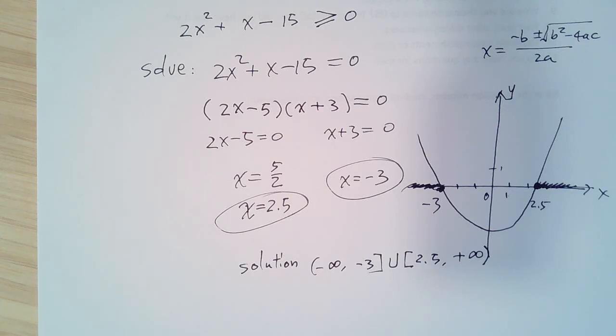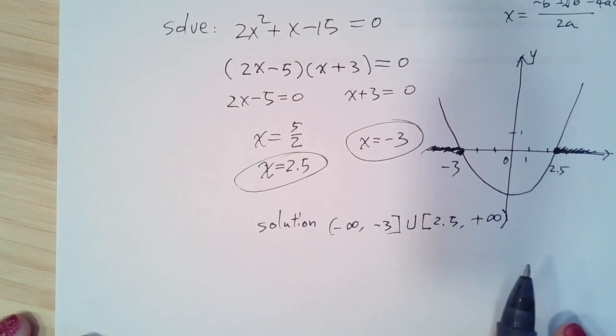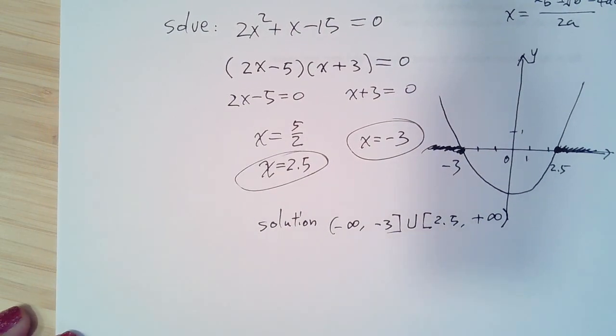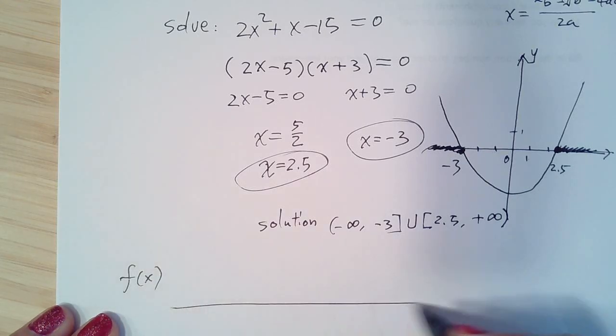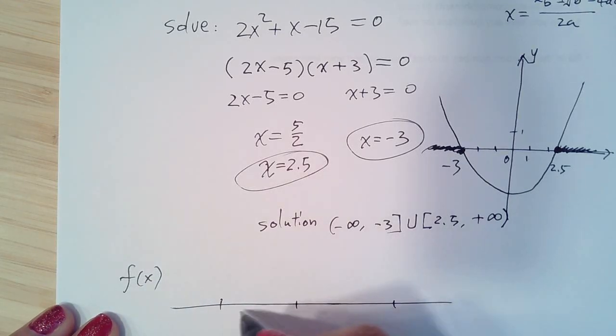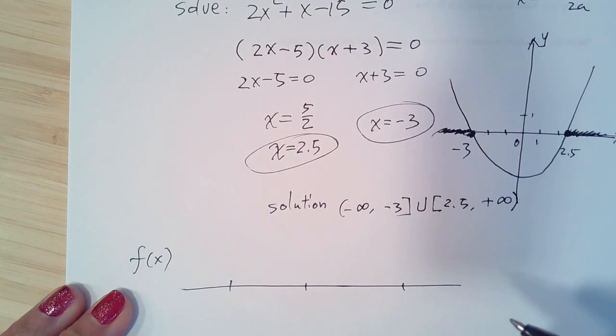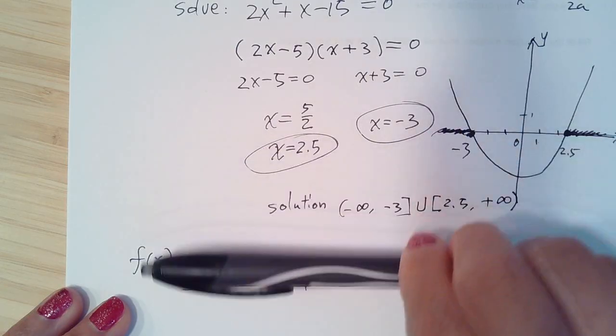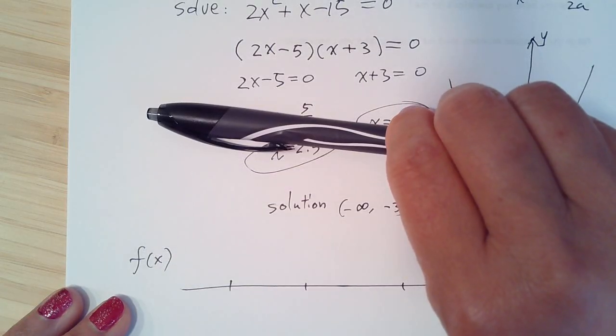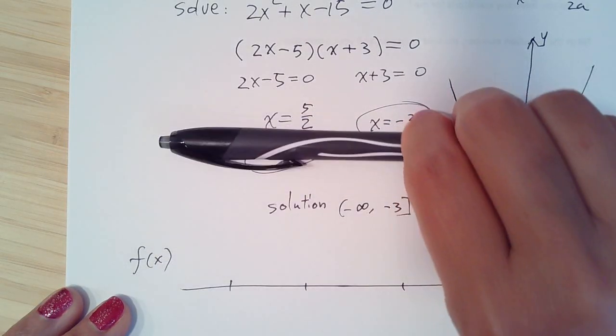So what happens if you have a polynomial function that is not quadratic? If f of x is not quadratic, but you do have, like, 3 critical values, you can use the graphing calculator to get the graph and to determine where the graph is above 0, greater than or equal to 0, or less than 0.